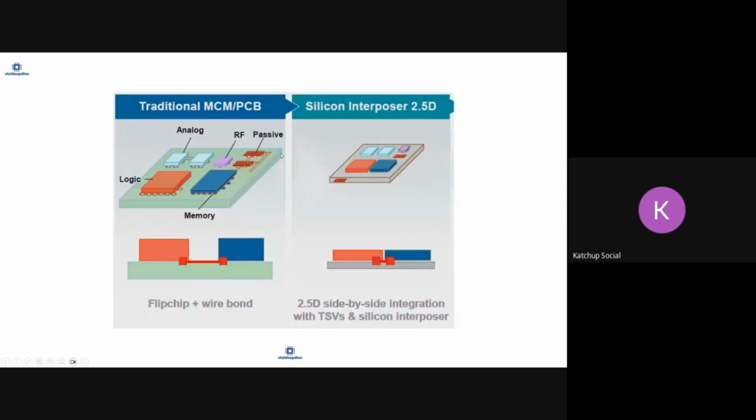So you had traditional MCMs and PCBs, where you had wire bond based connections. Now the interposer enables 2.5D with side by side integration and through silicon vias. With a silicon interposer there can be an active interposer, and you can have microelectronic devices in the interposer itself.